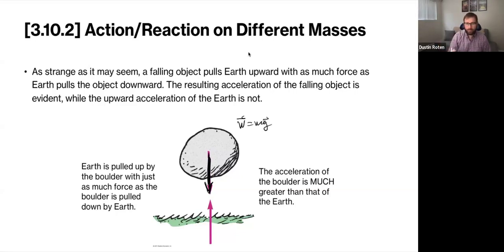Whatever weight is pointed down from the object in free fall, that weight is going to be the same force being pulled on the earth, as what's being pulled up.